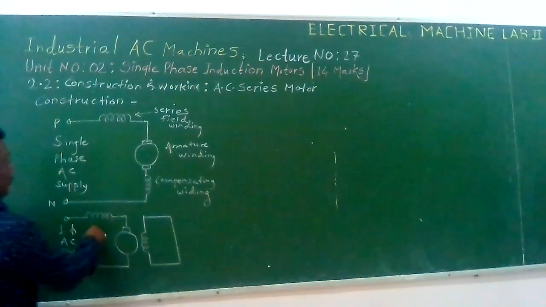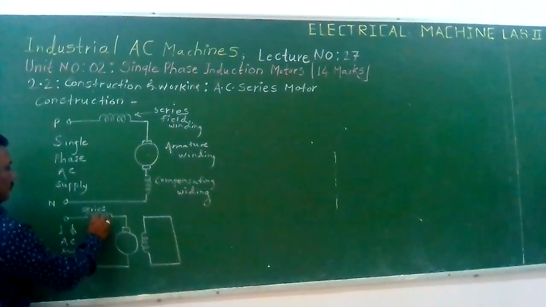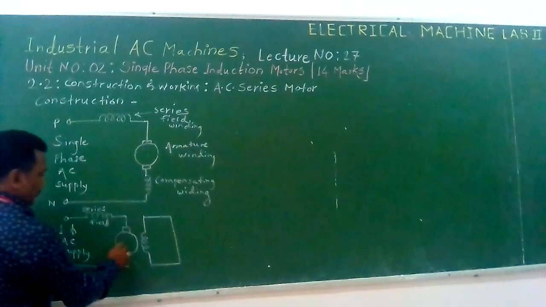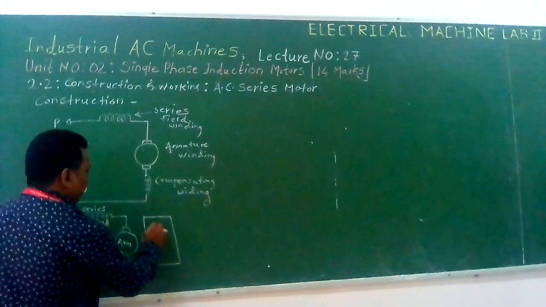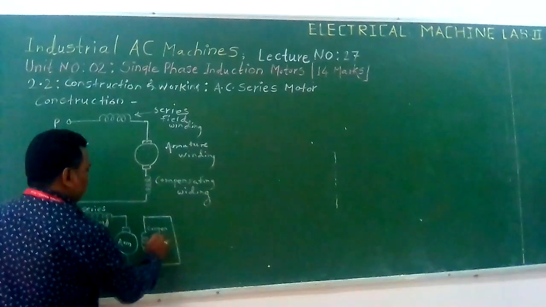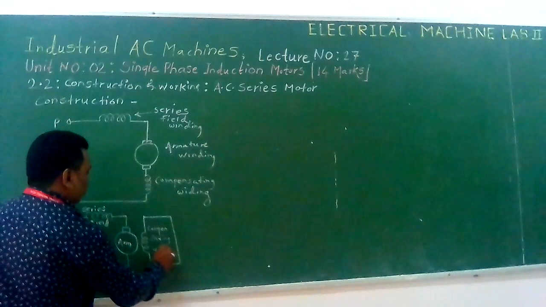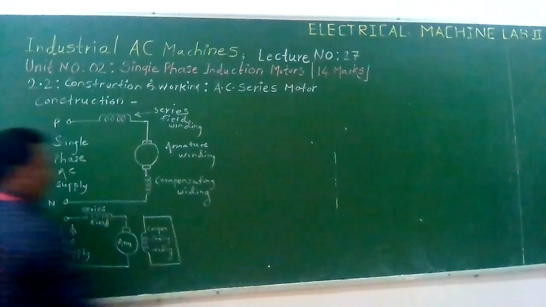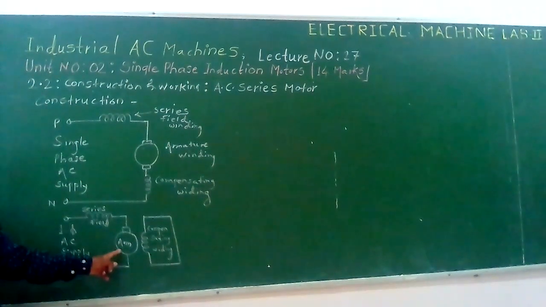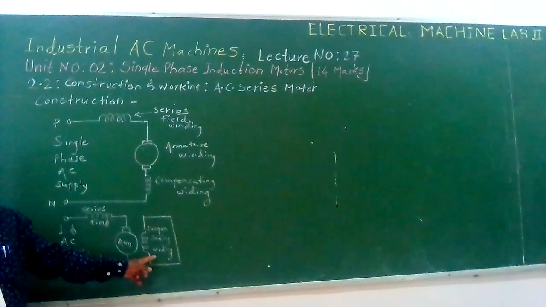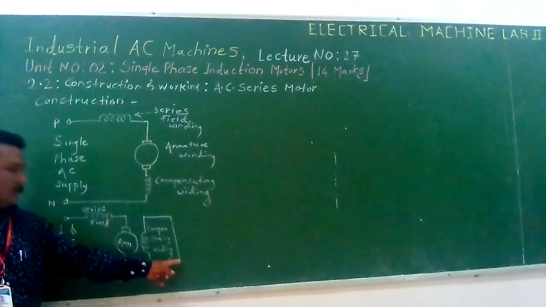This is the series field winding. This is the armature, and this is the compensating winding. Here in the second diagram, the compensating winding is parallel to the armature winding, and it is short circuited.